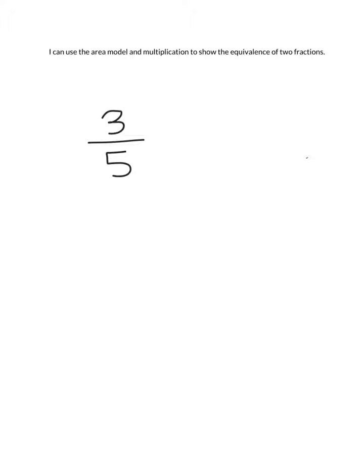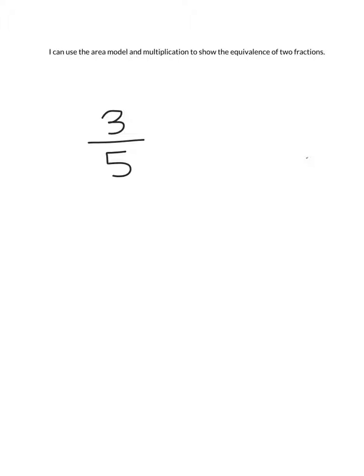In this example, I'm starting with 3/5, and I want to write a number sentence using multiplication to show that two fractions are equivalent, and I want to do that before I draw the area model. So I'm thinking about all the things that we've learned, and I know that for the last couple of days we've doubled, we've tripled, and we've even quadrupled the numerator and the denominator, which means we multiply the numerator and the denominator by the same number.